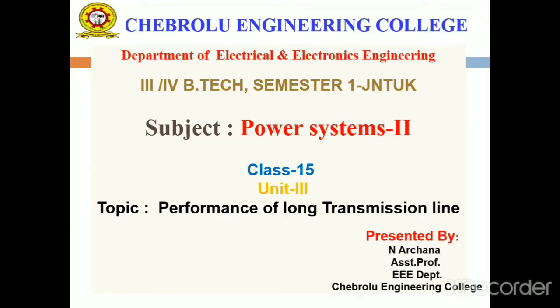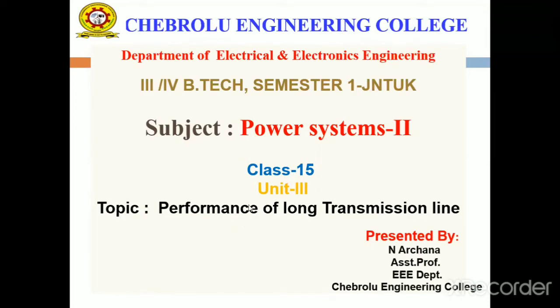We also calculated the generalized constants, that means the ABCD parameters of the short transmission line. The medium transmission line is divided into three parts on the basis of the connection of capacitance.